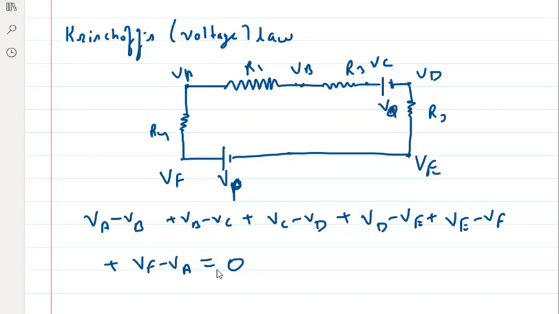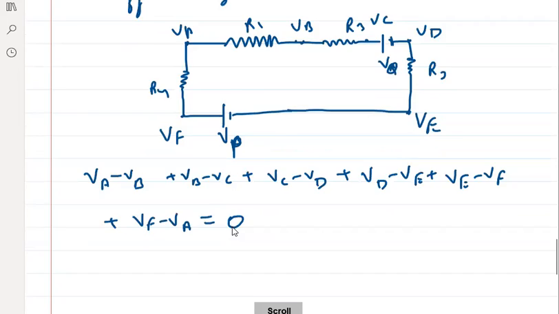So can I say that in a loop, net change in potential is zero? Yes or no? We will be using this concept more in electric current, not in heat, but I just want to tell you this. We can use this concept.